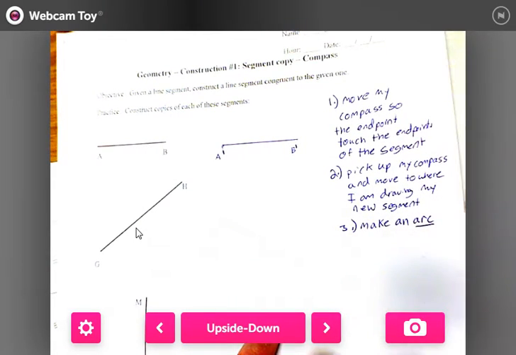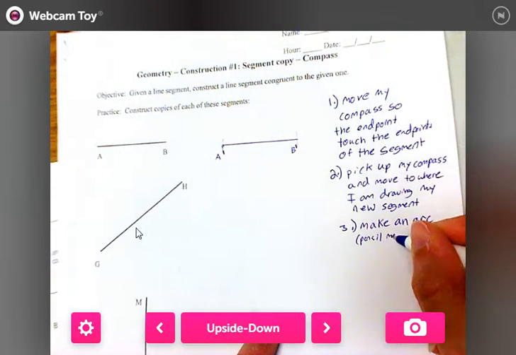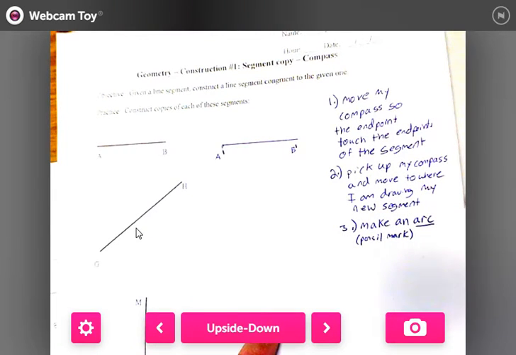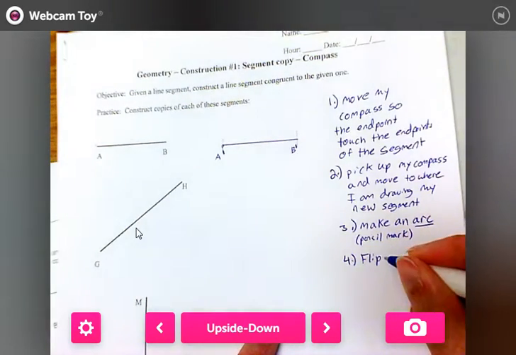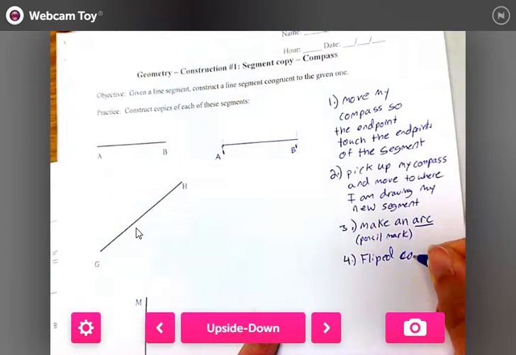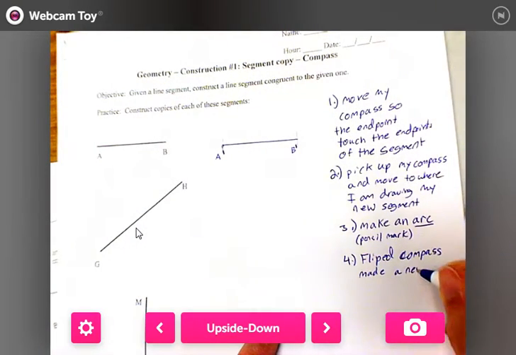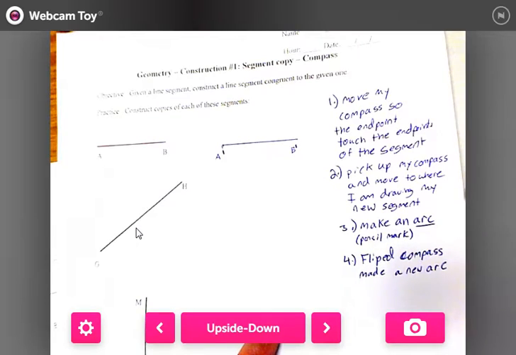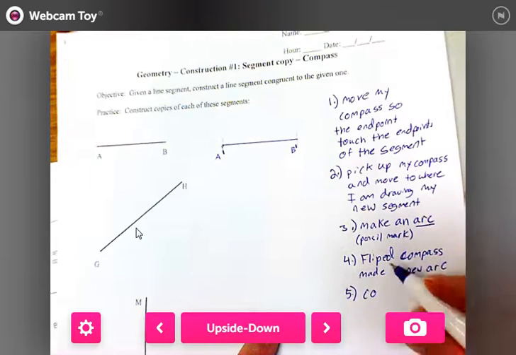Everybody okay with that term? That little arc that we did, that little pencil mark? If arc doesn't work for you, you can write pencil mark. Whatever works for you, because you're going to have to do this on your own. Step 4, I flipped my compass and made a new arc. Step 5, connected arcs using a straight edge.